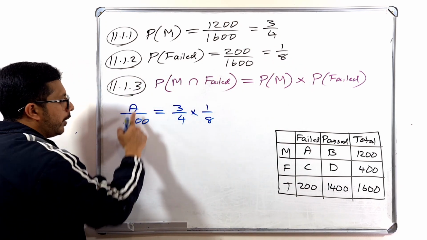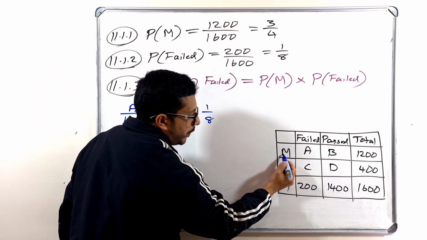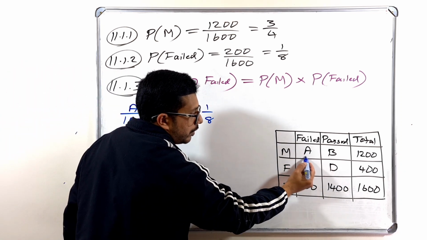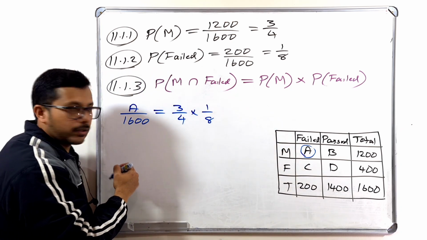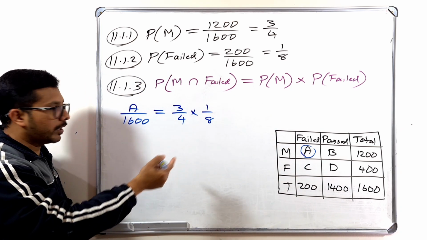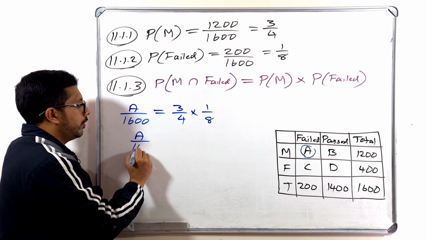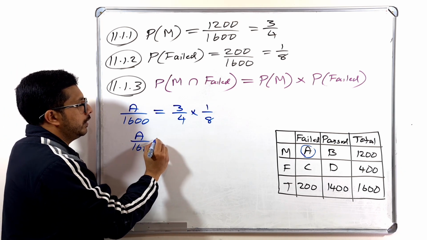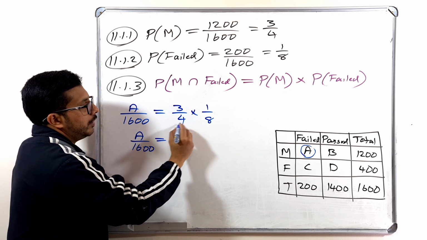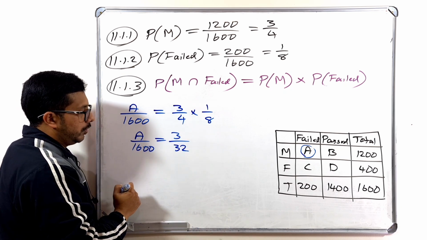So A divided by 1600 is equal to 3 by 4 times 8, which is 32.